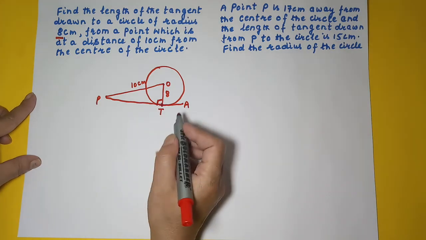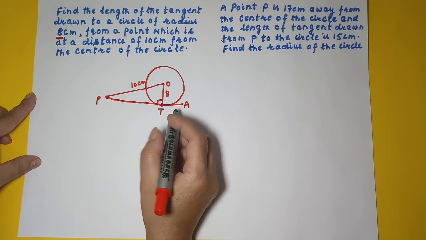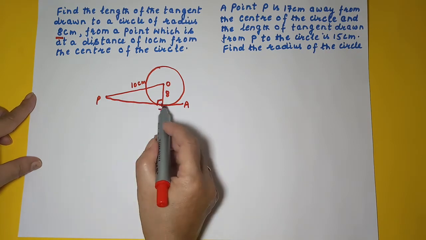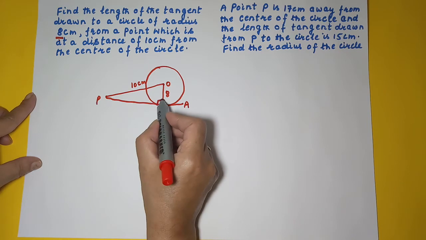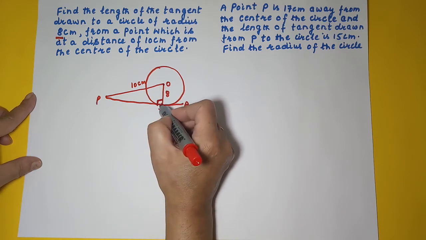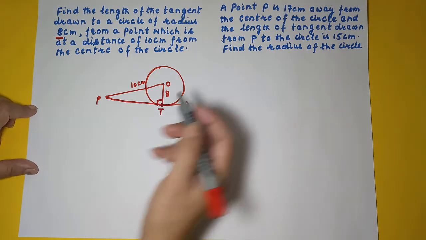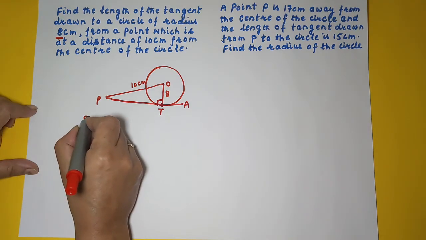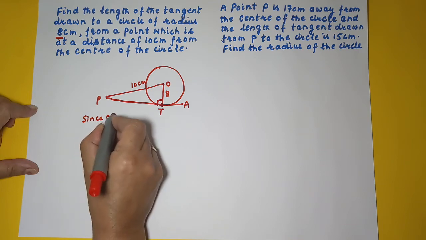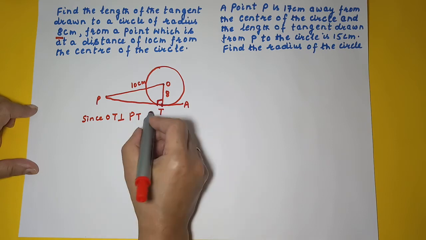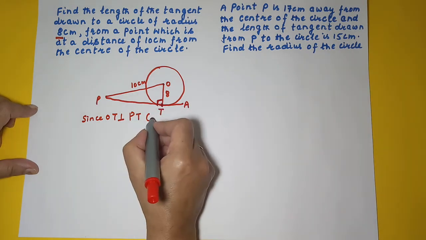Now, you can see that the theorem has made it very simple for us to find the length of the tangent. How? Because we have a right angle triangle now, because the line joining the center of the circle and the point of contact is a perpendicular line. So first we give the reason, since OT is perpendicular to PT. Why? You can give the reason by theorem. What is that theorem?